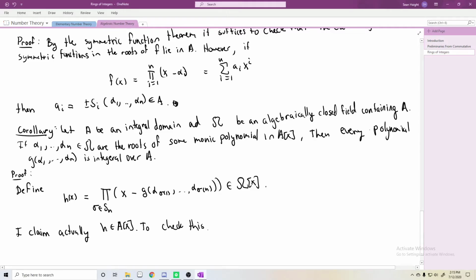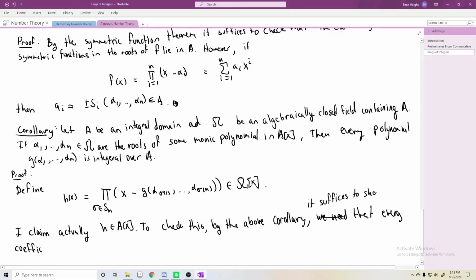By the above corollary, it suffices to show every coefficient is a symmetric polynomial in the roots.